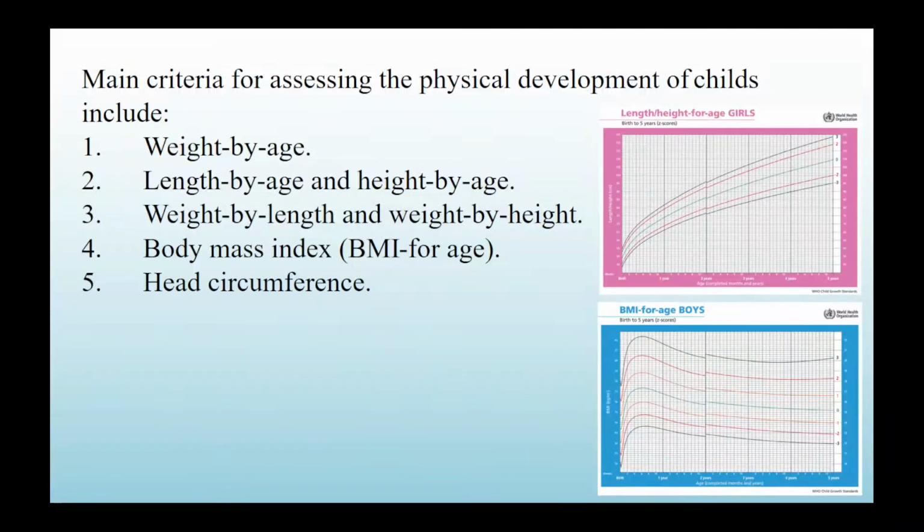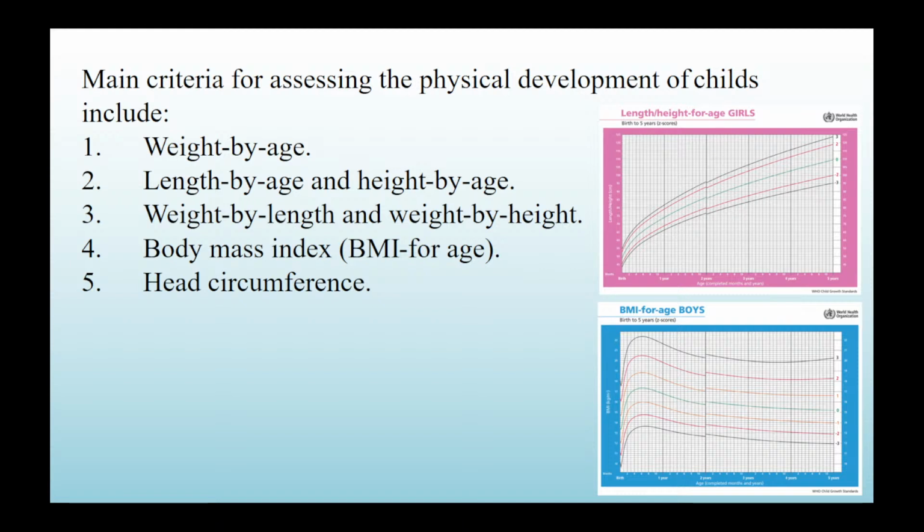Main criteria for assessing the physical development of a child include weight by age and height by age, weight by height, body mass index (BMI) for age, and head circumference.